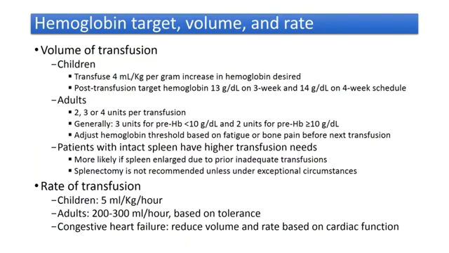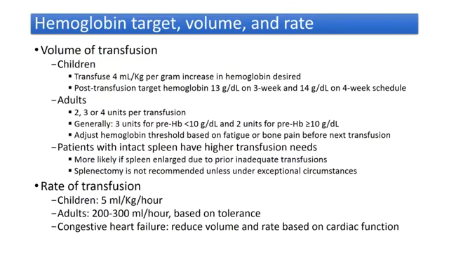So it's either 2, 3, or 4 units per transfusion. In general, 3 units are needed for pre-transfusion hemoglobin less than 10, and 2 units if the pre-transfusion hemoglobin is 10 or more. But in adults, it's also important to adjust the hemoglobin thresholds based on fatigue or bone pain that may happen prior to the transfusion.